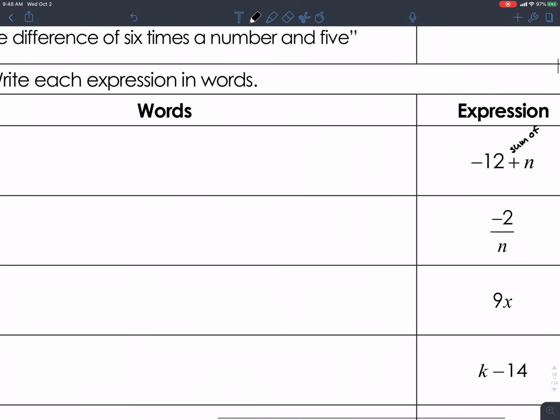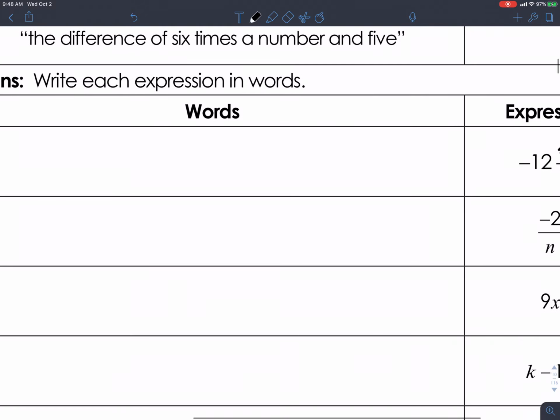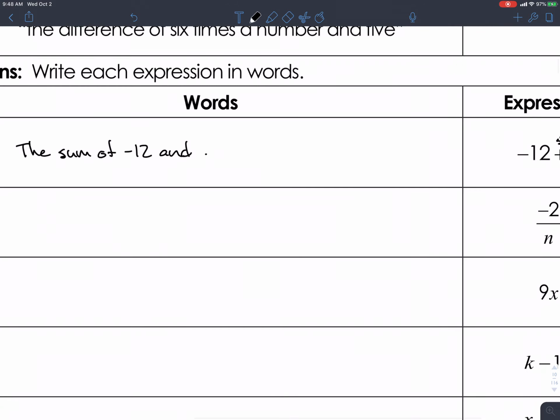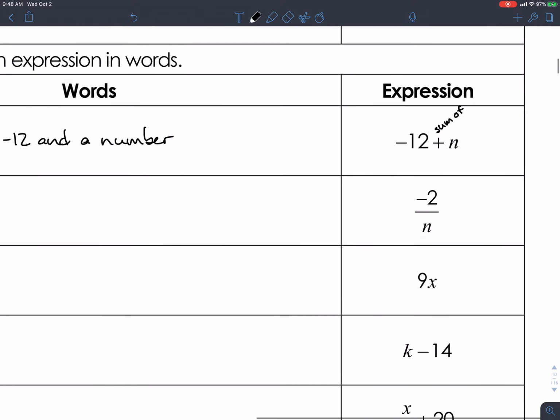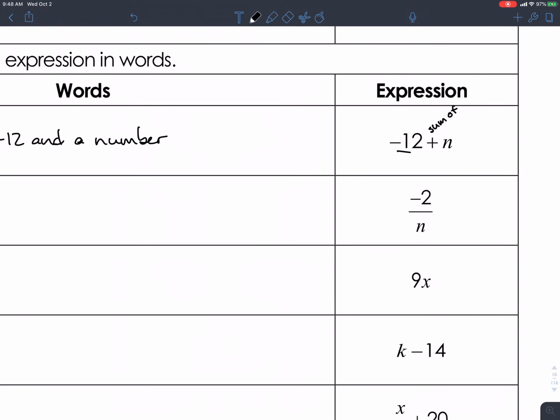The sum of, right over here, the sum of negative 12 and let's call it a number, just like they've been saying, a number. Does that make sense? The sum of negative 12 and a number? Well, that's what it is. The sum of negative 12 and a number.